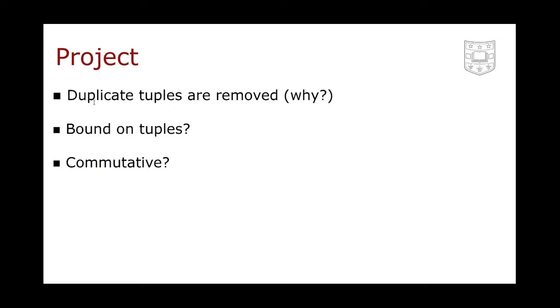Is this commutative? If I have two projection statements, does it matter what order I execute them in? Can I execute them in whatever order I want and get the same result back out? What do we think? So remember, a projection is telling us what columns we want to keep, right?